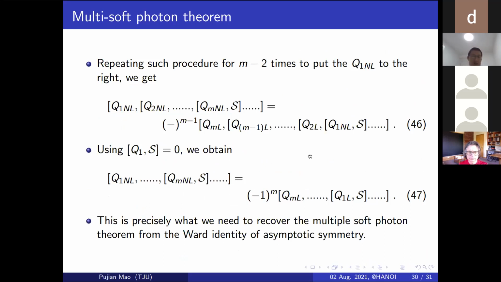So this is precisely what we need to recover the multiple soft photon theorem from the Ward identity of asymptotic symmetries.